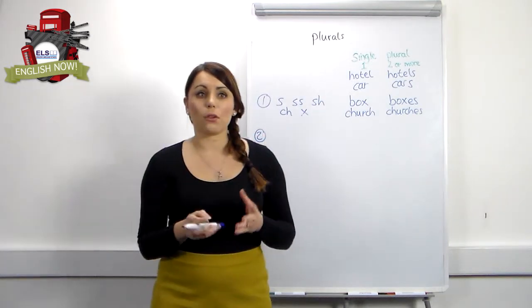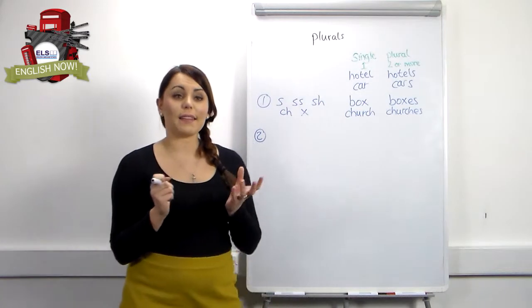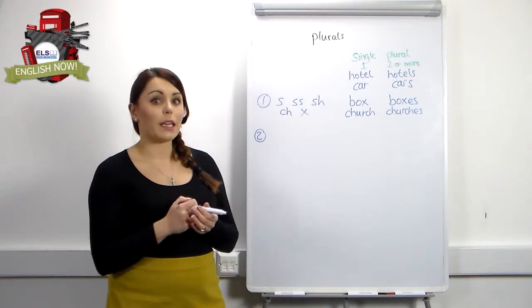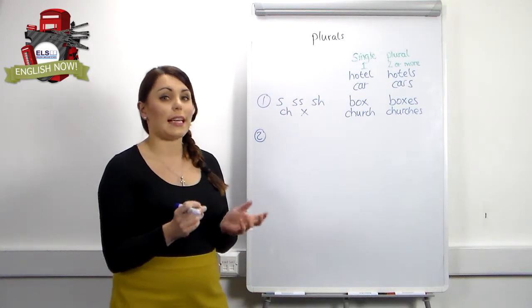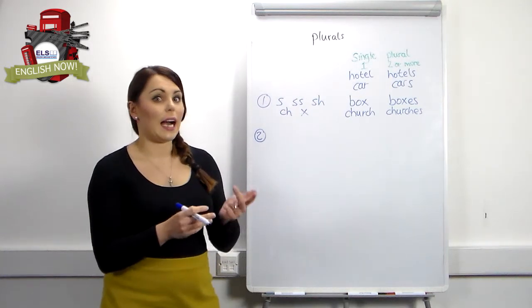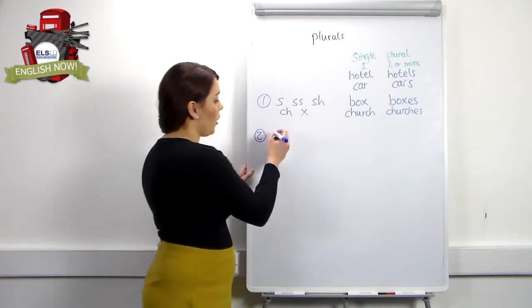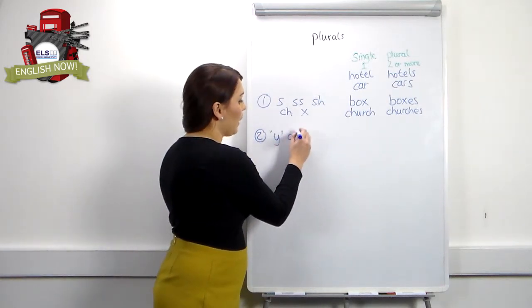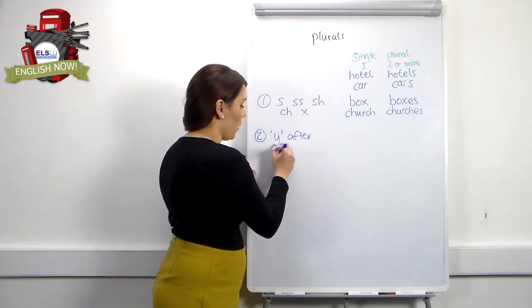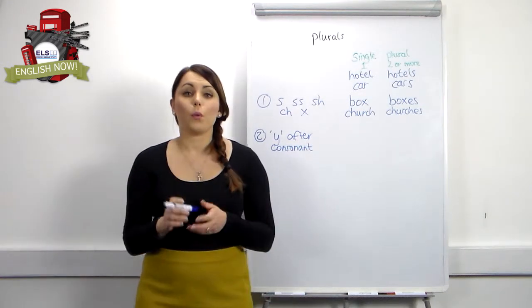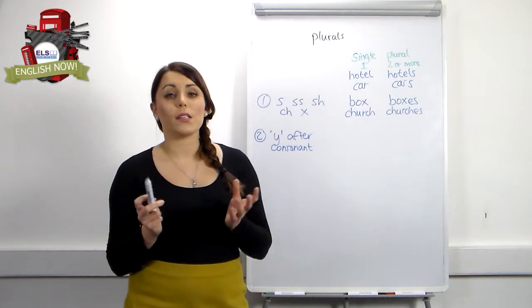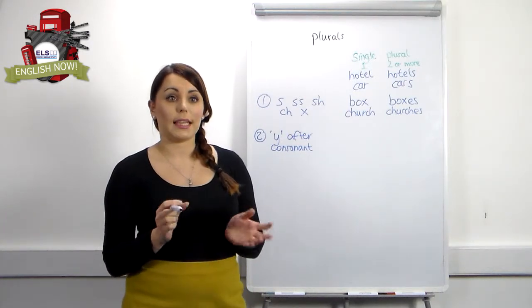If our noun or object ends in the letter y following a consonant, and remember a consonant is any other letter than a, e, i, o, u, then we must change the y to an i and then add es.